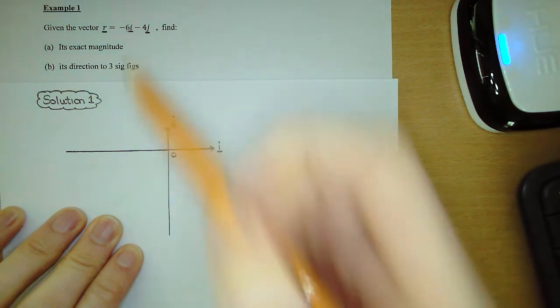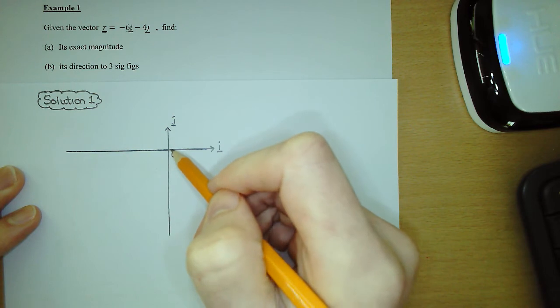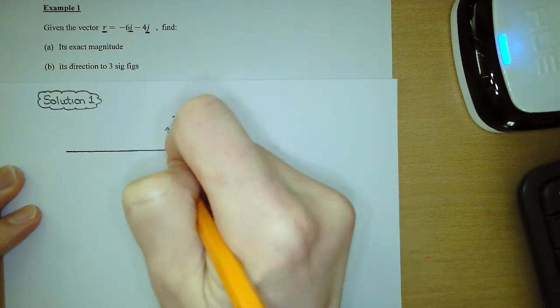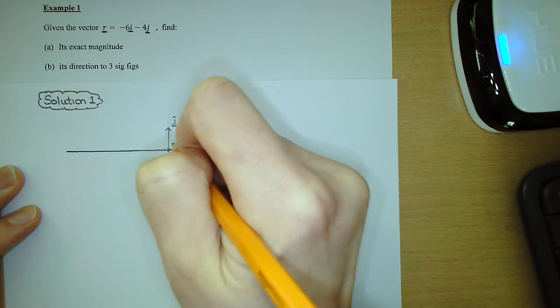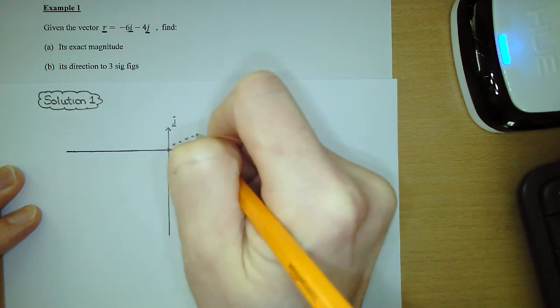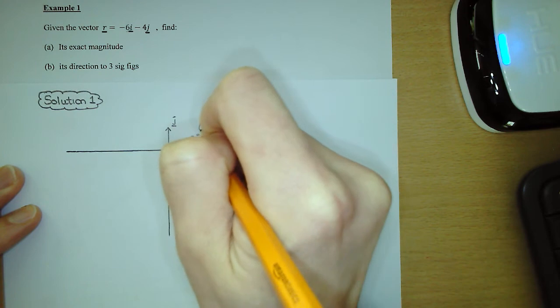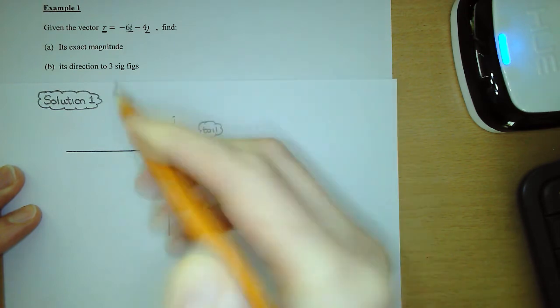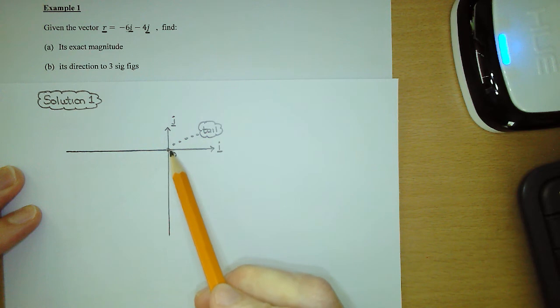Now, in order to draw this vector, we always choose its tail to be on the origin. So plot a point on the origin, that is going to be the tail of the vector. The i and j components of the vector tell us how we get from the tail to the nose of the vector.